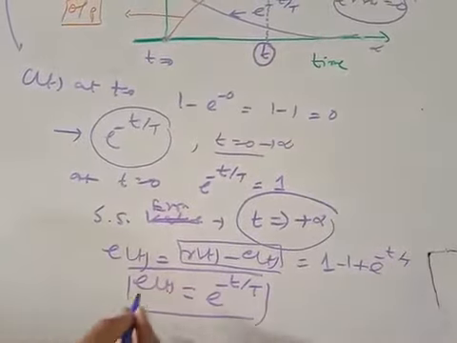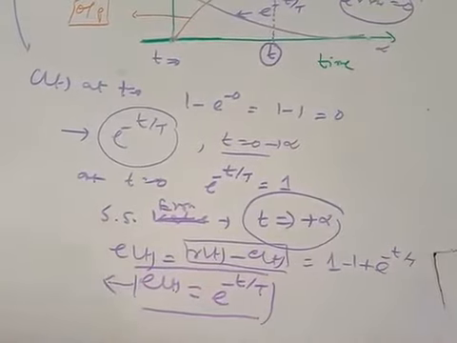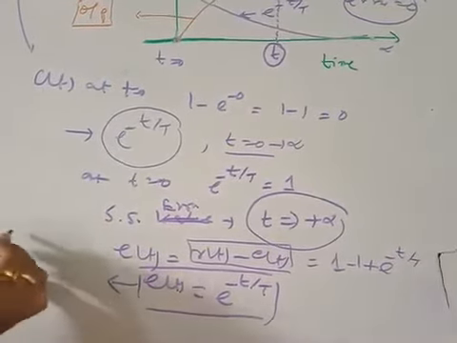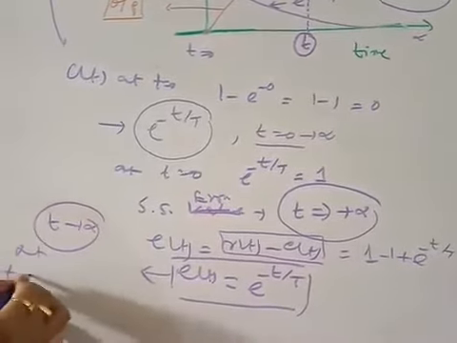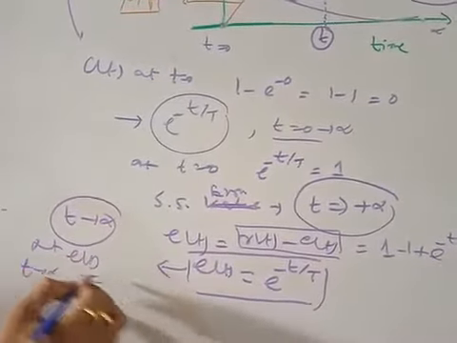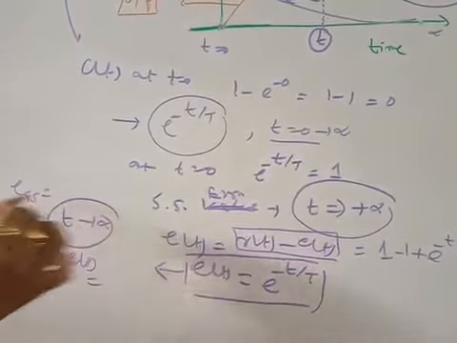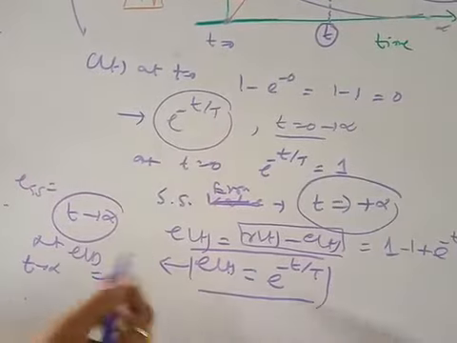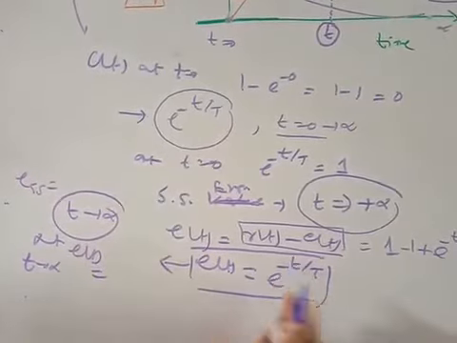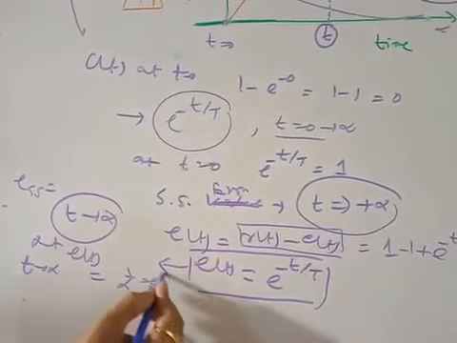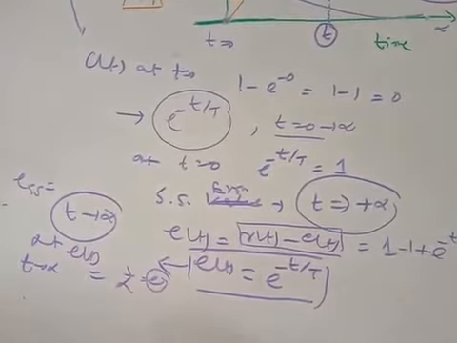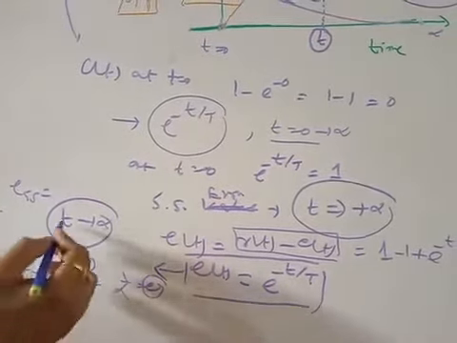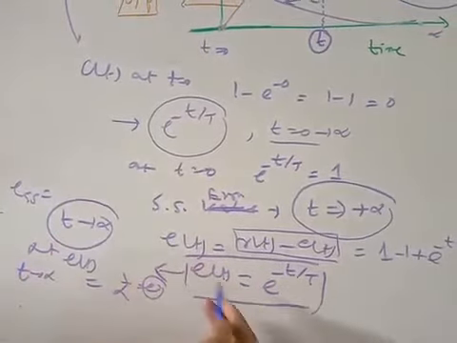When we talk about the error at steady state, what do we have to do? t tends to infinity. That means limit t tends to infinity of e of t. This is your steady state error, e_ss. Put t equal to infinity here, and you get 1 by infinity, that means 0, right? So mathematically we have obtained that as t tends to infinity, the error is 0.